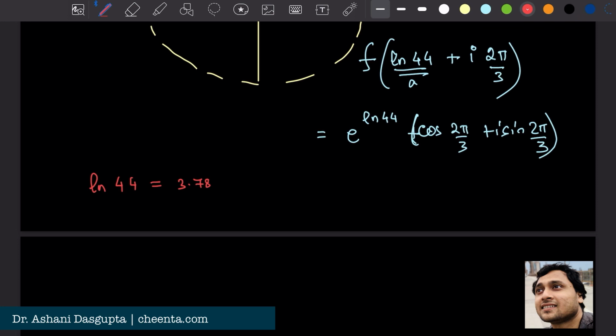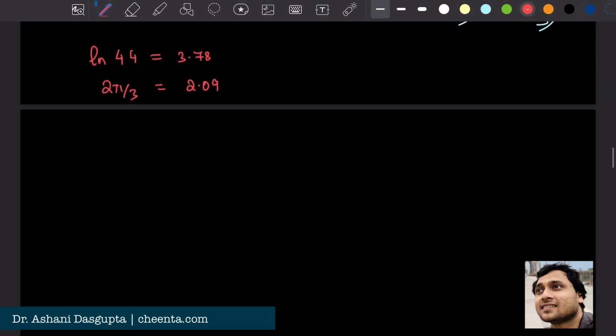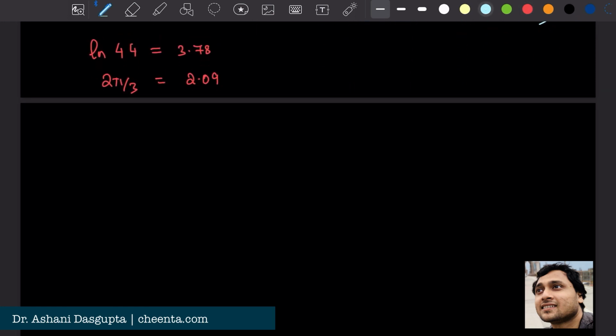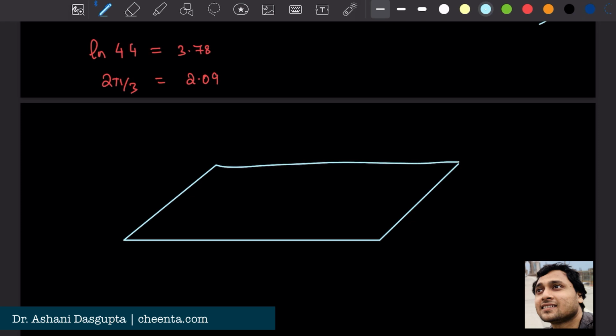And 2 pi by 3, 2 times pi by 3, is approximately 2.09. It's very important that you understand how this map is working. So to do that, I will just draw two complex planes, or xy planes.